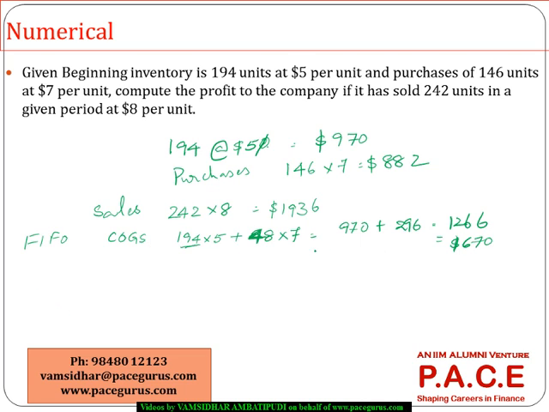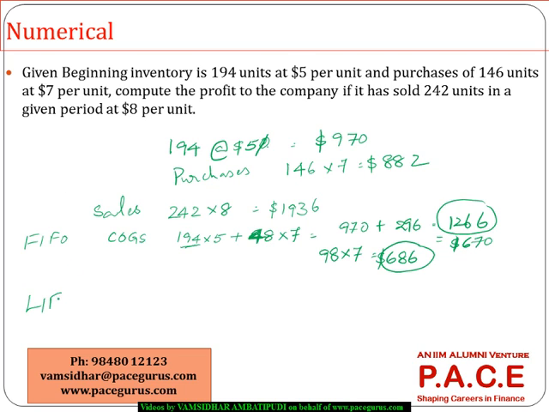And what would have been the inventory in this case? Out of 146, 48 are consumed. So 98 goods at the rate of 7, $686 will go as part of the inventory. So 1266 goes into the cost of goods sold and 686 goes into the inventory.